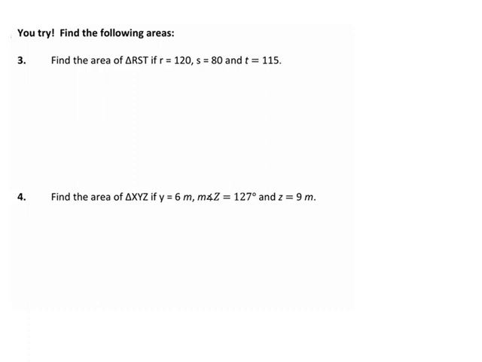All right, let's go ahead and do these real quick. So we can label these R, S, T, not a big deal, S, R, T. R is 120, S is 80, and T is 115.